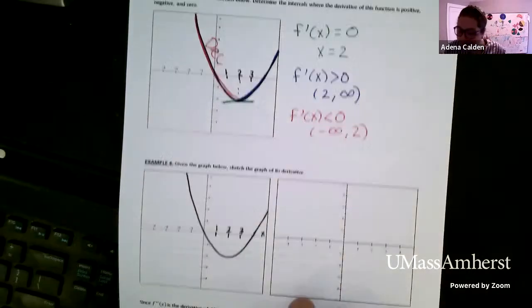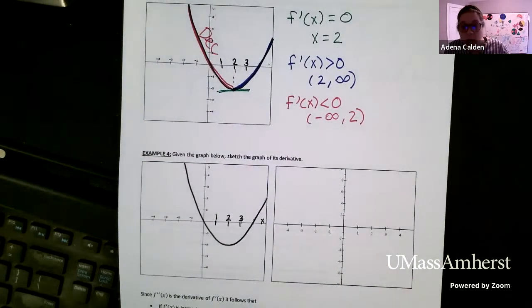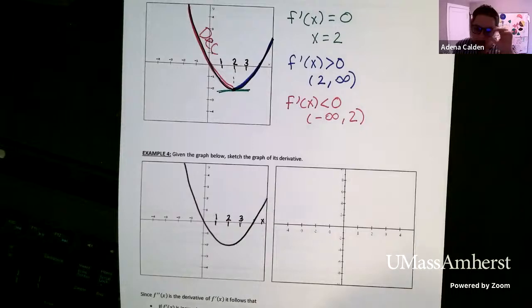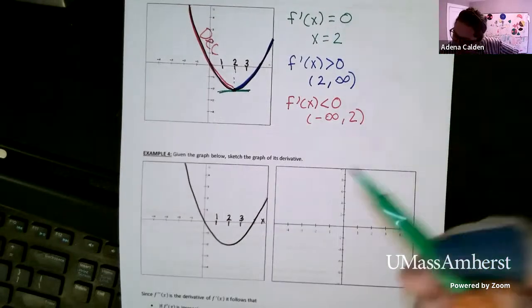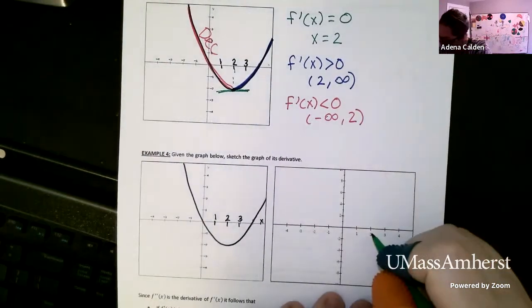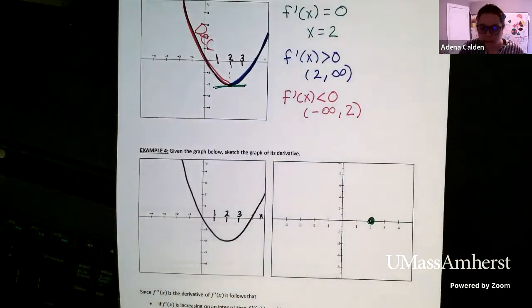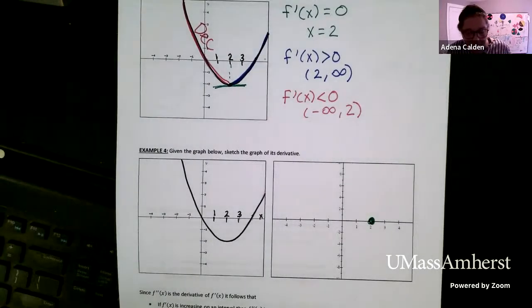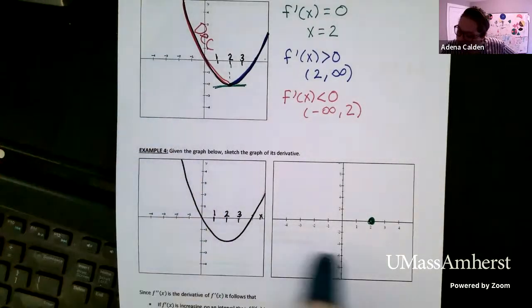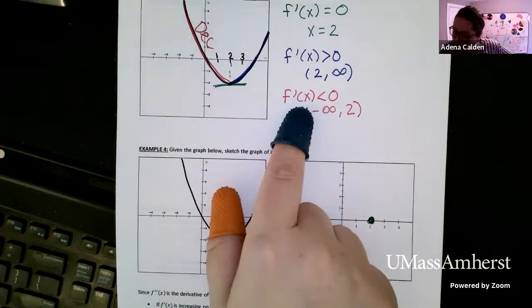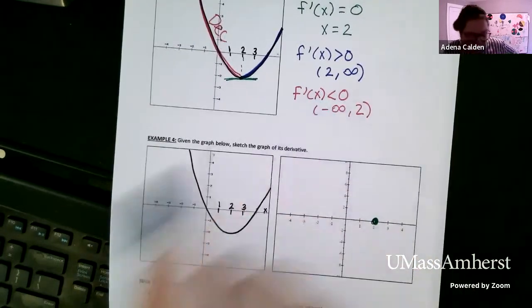So when we try to graph this, again, we're going to start by graphing the zeros. So we know that there's going to be a 0 when x equals 2. So we plot that right on this derivative picture. And then we see that before 2, from negative infinity to 2, we should be negative.